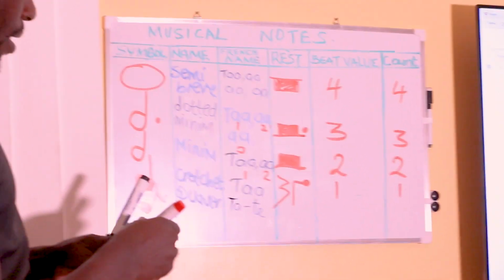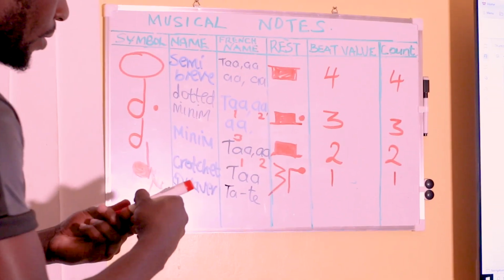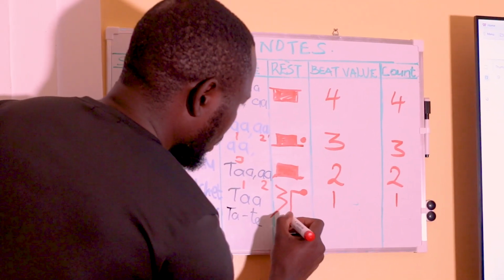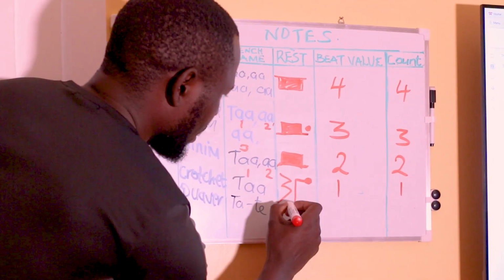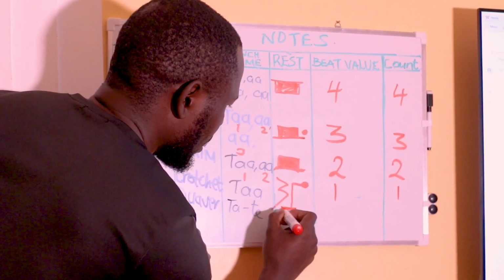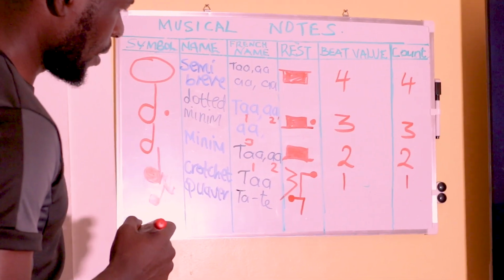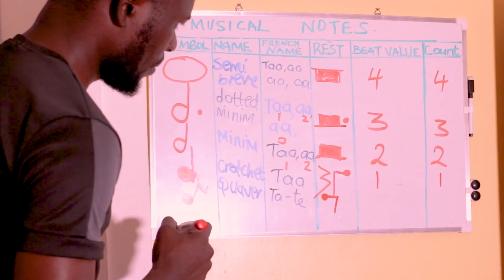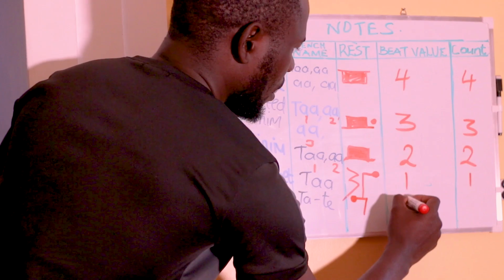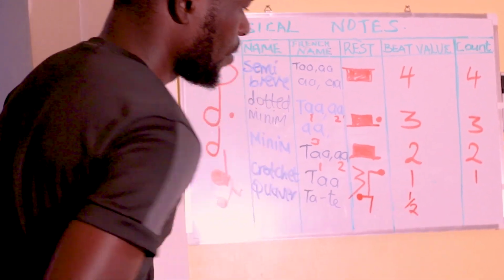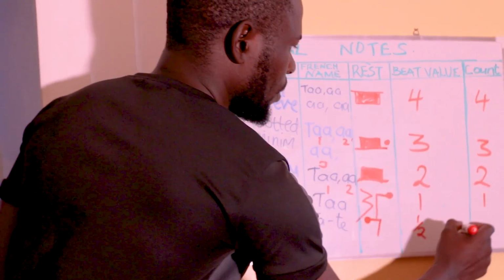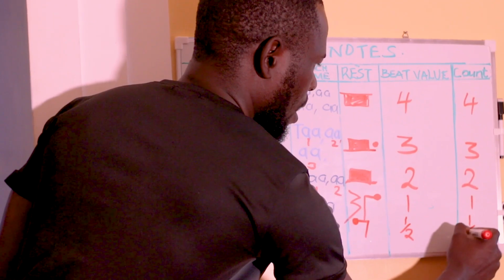Then the rest will be like a walking stick, or 7, a walking stick. Then the value is a half. The count is a half.